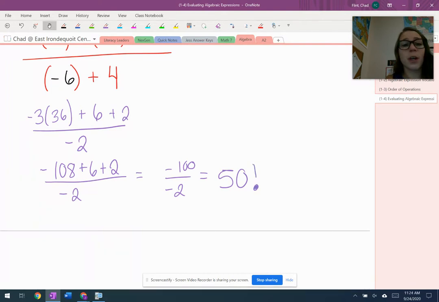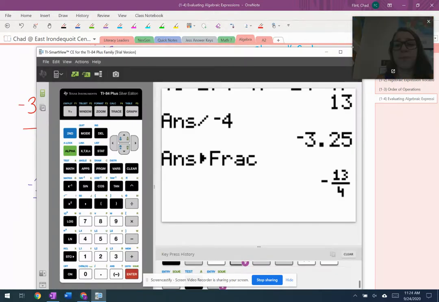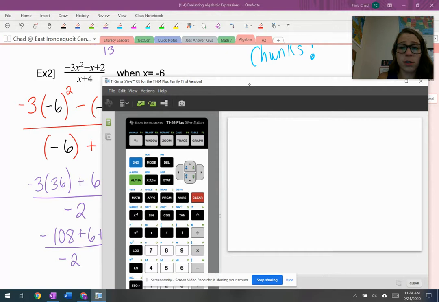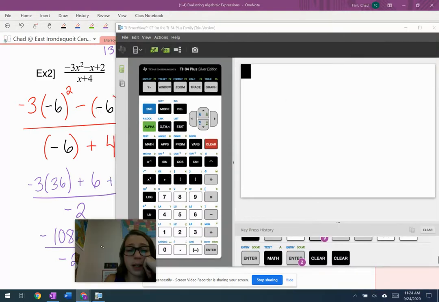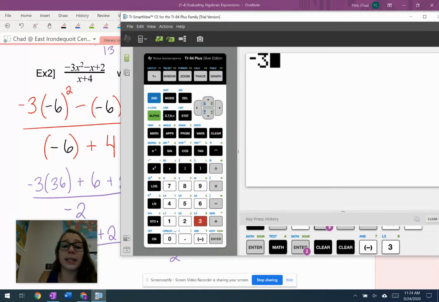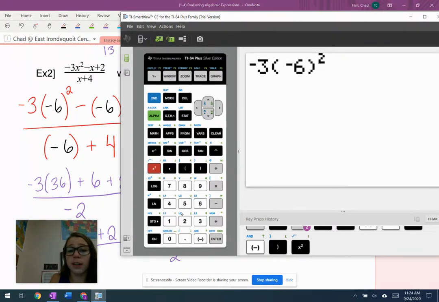So just like I promised, I am going to show you how I would plug this into the calculator. So let's clear this out, and here we go. All right, so my -3, remember that you want to be using the negative sign for the negatives and not the subtraction. Parentheses, -6, close parentheses, squared. You could also be using the caret and then 2 for squared.